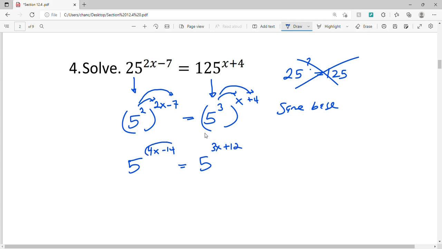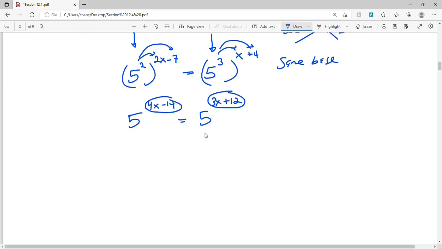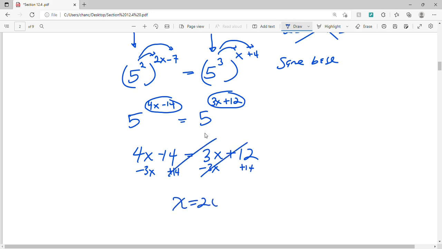Since the bases are the same, I can equate the exponents. 4x minus 14 is now equal to 3x plus 12. Let's subtract the 3x to both sides, and we'll add 14 to both sides. This gives me x equals 26.